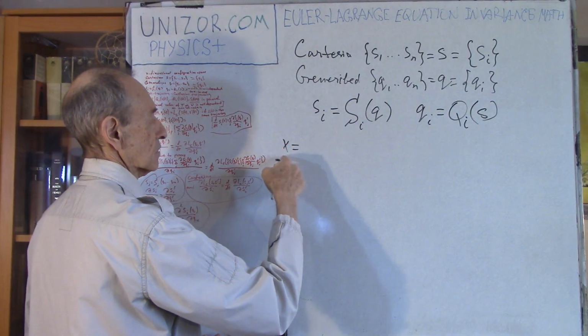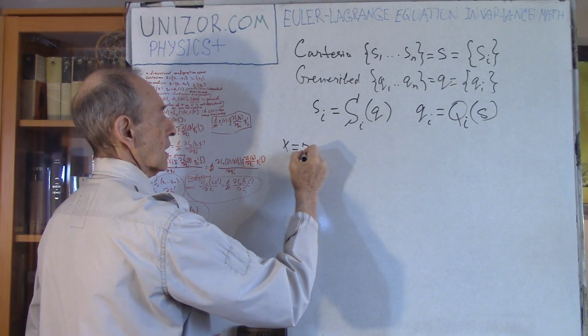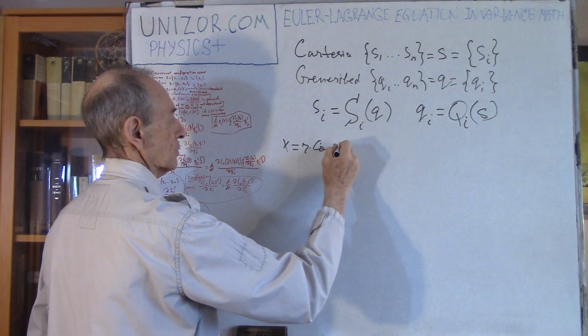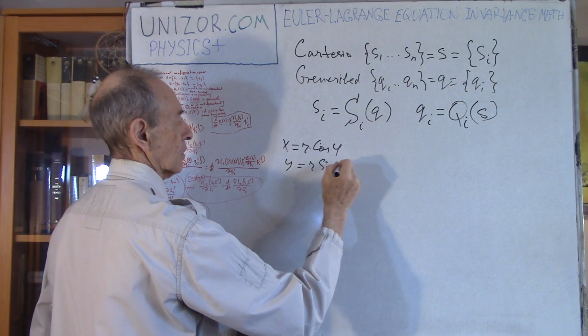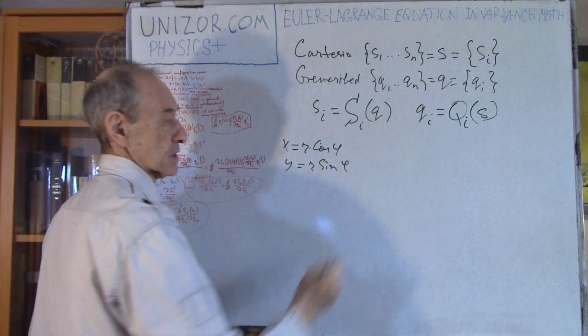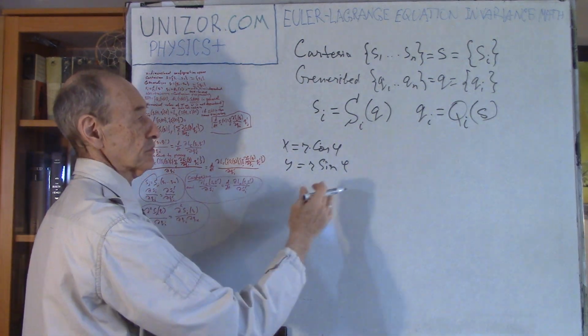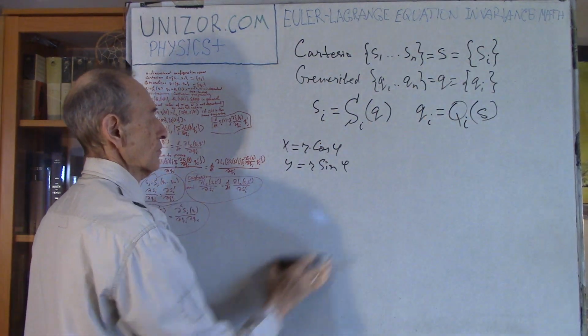For example, the Cartesian coordinates in the plane can be a function of polar coordinates. These are conversion transformation functions, and backwards.